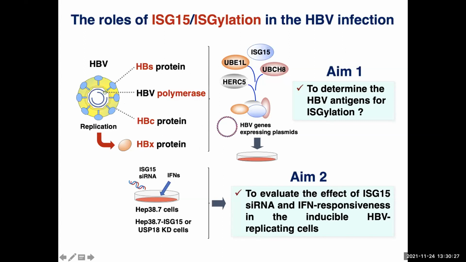As you know, HBX is important for hepatocarcinogenesis and also promotes HBV replication. Then we ask a question, which viral protein is isolated? And whether isolation may have an antiviral function or a proviral function.